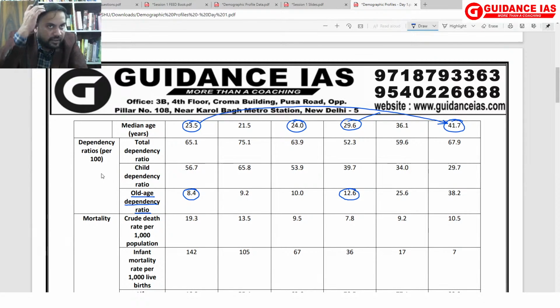So if I try to remember these numbers it will be difficult, but can I say that since 1950 there has been almost 1/3 rise in the old age dependency in the world? Can I say this will be easier for me to remember? Yes or no? Tell me.